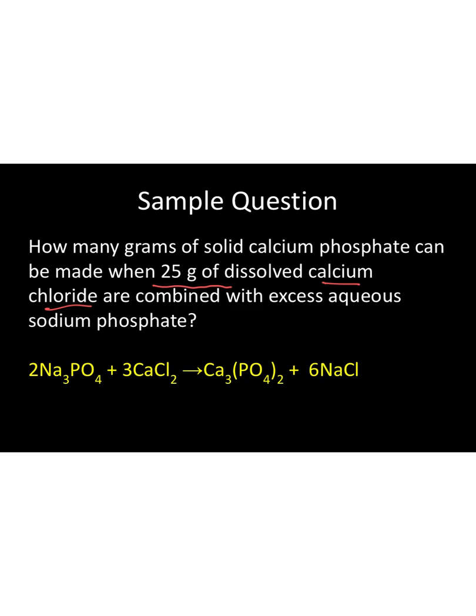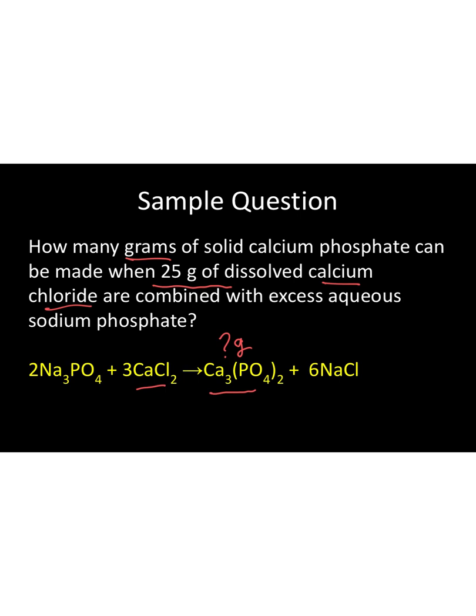All right, so we're trying to figure out how many grams of solid calcium phosphate can be made. So I'm trying to figure out how much of this species can be made. And that's in grams that I'm looking for. So that's my unknown. I'm given the calcium chloride in grams.